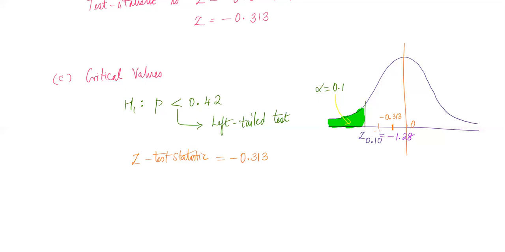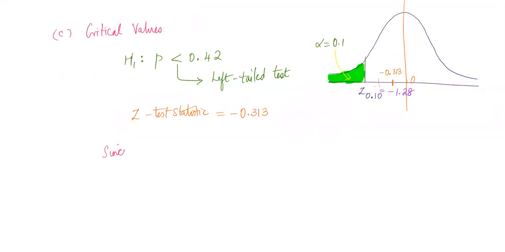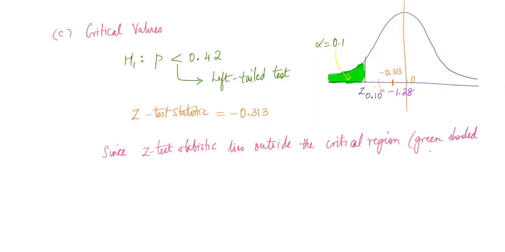So then I'll come back and say, since the z test statistic lies outside the critical region, that's the green shaded region, and it's not in the rejection region, we will not reject.